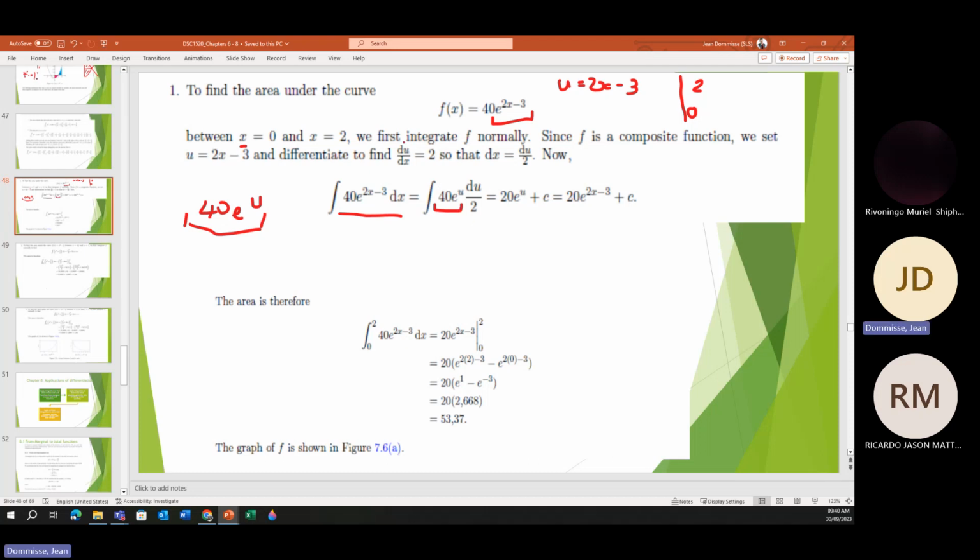But now remember we sit with the 2x, that would have been 2. So the one thing happening here is that we will divide that by 2.